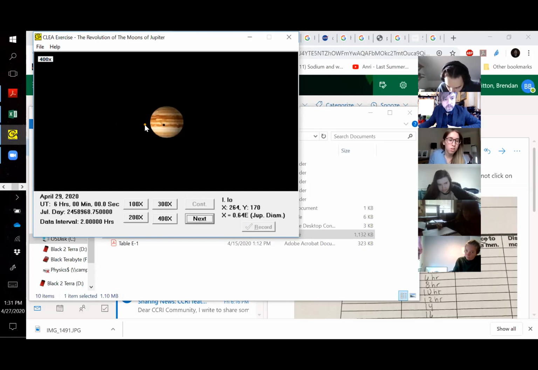Next. 0.64 east. Next. I can see it right in front there. 0.23 west. 0.08 west. Boy, that was a big jump.